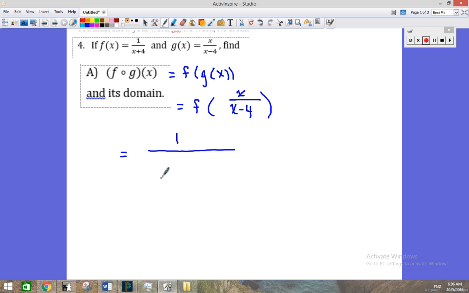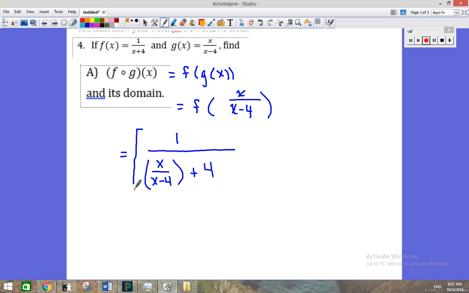The input is the first term in the denominator. That's the input plus 4. So we have a complex fraction, a fraction within a fraction.